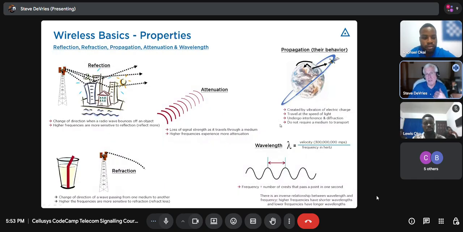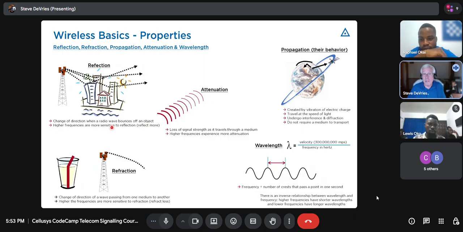Just some general properties about radio. First of all, there's reflection, and that's good. If radio waves didn't reflect, you would need line of sight. You'd have to have cell towers everywhere. If you look out the window or drive down the street, you don't see cell towers everywhere, because it relies on this reflection. Reflection is a change of direction when a radio wave bounces off of an object.